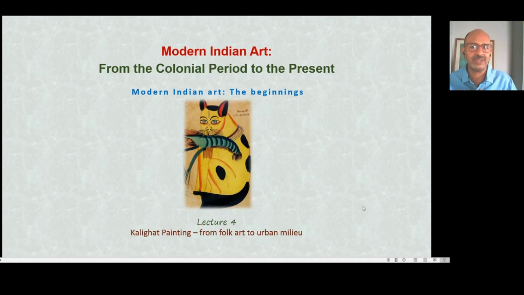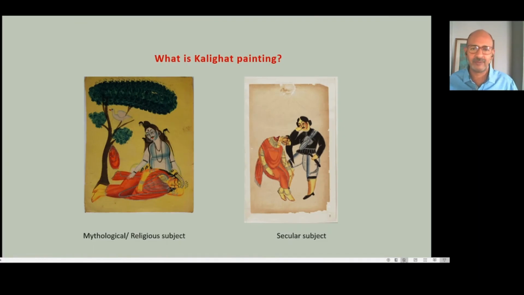And of course, now we have Kalighat painting, which demonstrates a wonderful social, stylistic, political shift, and thereby produced some of the greatest artworks from the early modern Indian art.